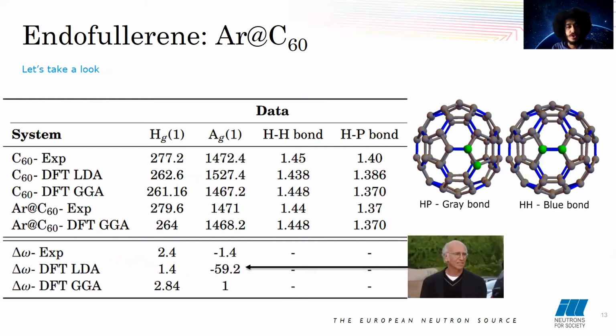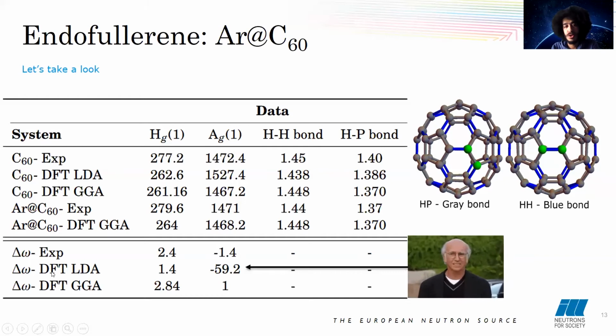So as you can see, there is an experimental C60 value for the first low-lying mode and one of the high-lying modes, which are both Raman active, and a calculation for the length of the bonds. And as I said earlier, I would discard the LDA functional, and as you can see, there is a problem with the bond lengths. And so this is one of the reasons to explain this very important shift that appears if you go based on your LDA calculations.